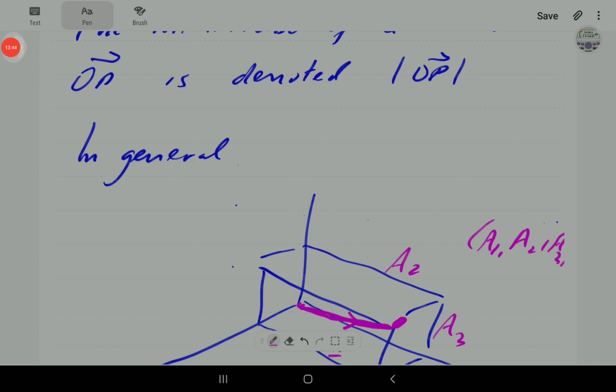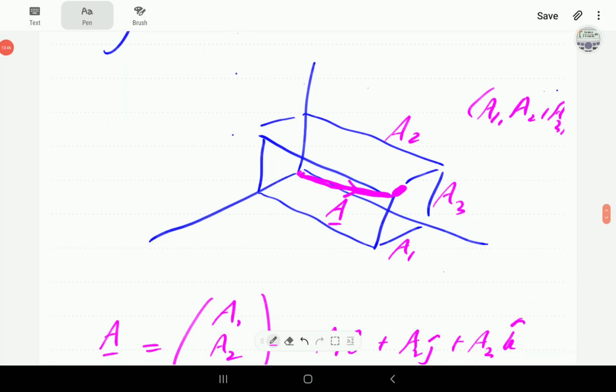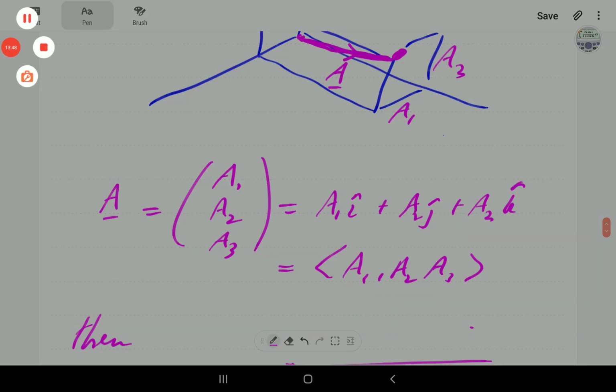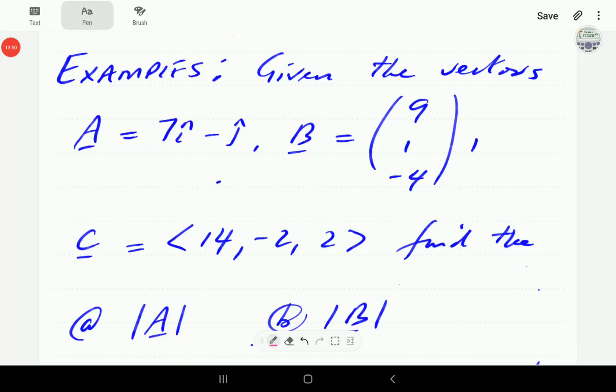Now we can do some examples here. In this example, we have got three vectors. Vector A is given by 7i minus j. Vector B is given by the column vector 9, 1, minus 4. Vector C has got x component 14, y component minus 2, and z component 2.